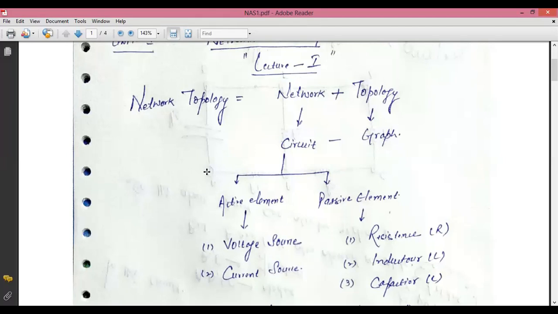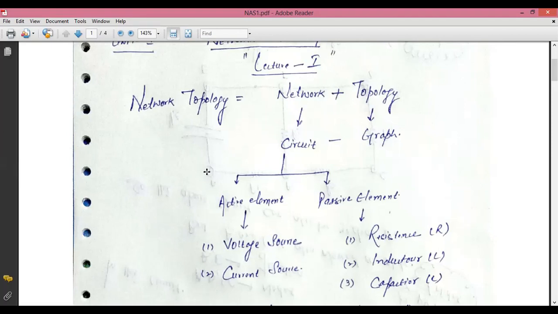three main fundamental things. One is that the circuit contains at least one active element. Circuit contains at least one passive element, and in between active and passive there is a proper connection. Again, circuit means there is at least one active element, at least one passive element, and in between active and passive there is a connection.